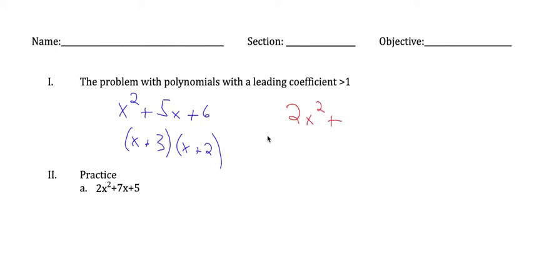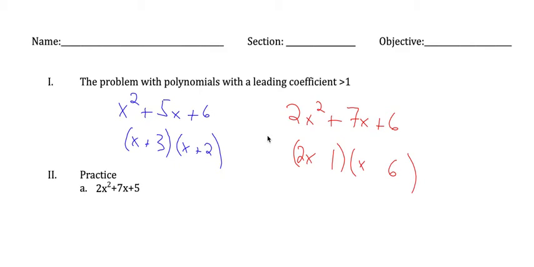The problem when we have that leading coefficient greater than 1, let's use 2 as a little bit more of a straightforward example, is that one of those parentheses in this particular case is going to need to begin with 2x. So while you might look at this one and say, well, I just find numbers that multiply to 6 and add to 7, it doesn't work that way in this one, because if I were to put a 6 and a 1 in there, you have to remember that one of those numbers is getting multiplied by a 2.